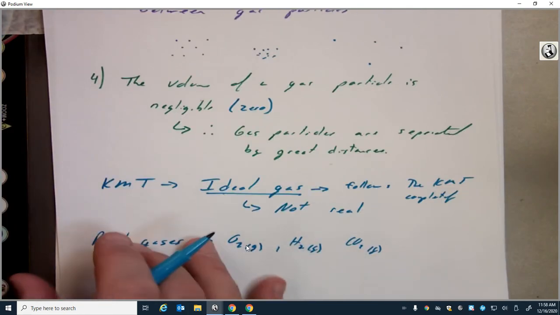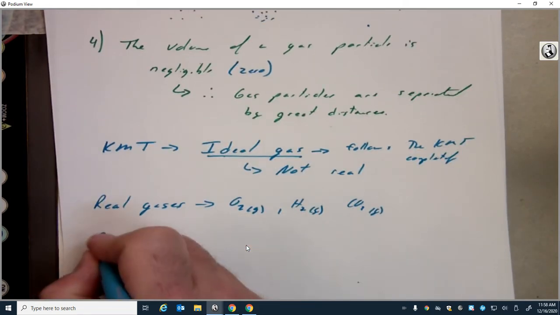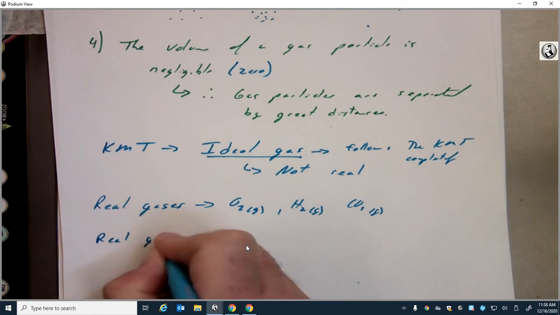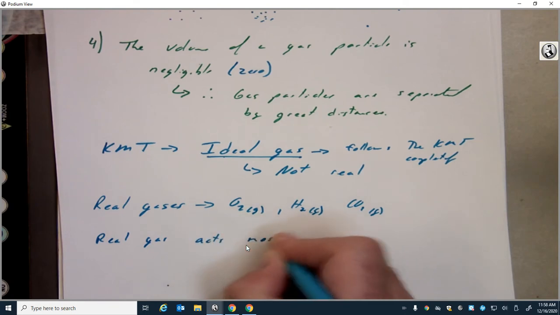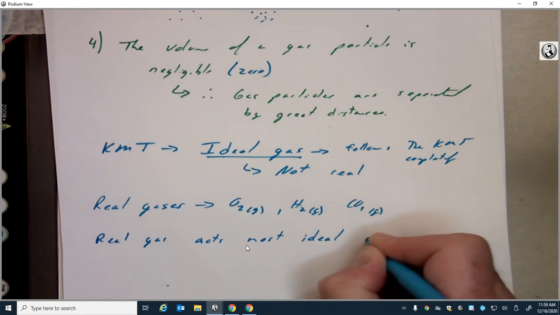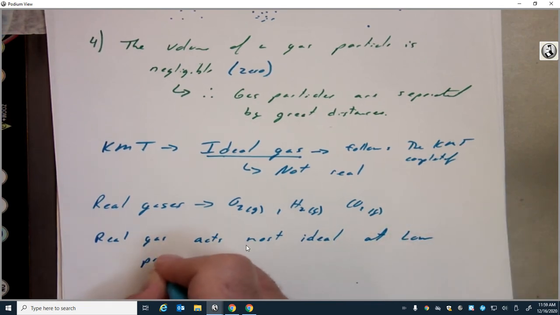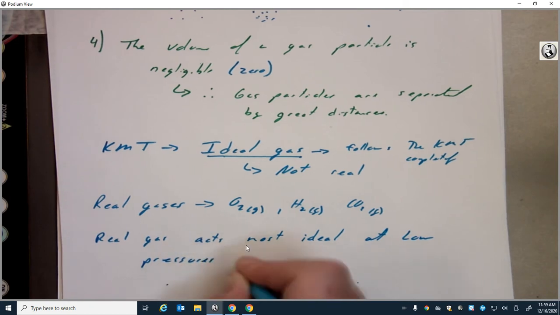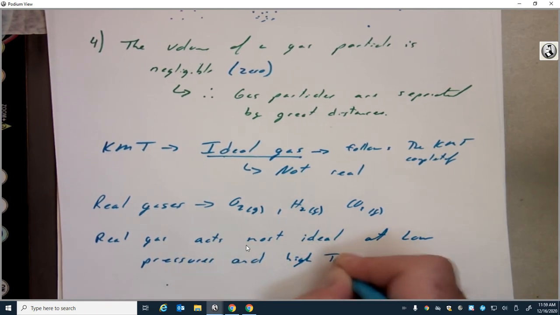Now, we can make real gases act like an ideal gas under specific conditions. So a real gas acts most ideal at low pressures and high temperatures.